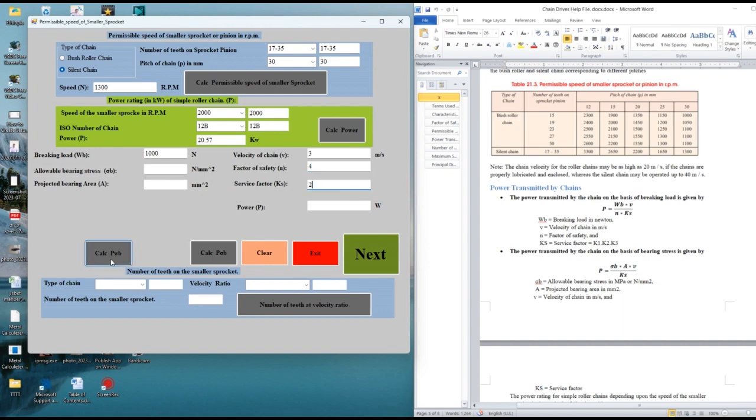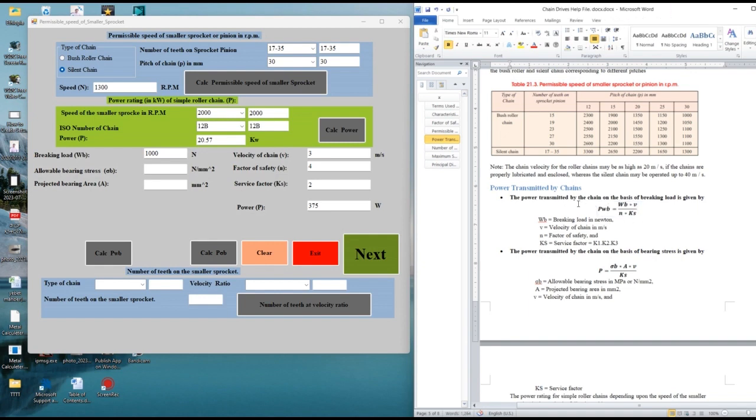Then calculate P on the basis of WB. Then the power becomes 375 watts.